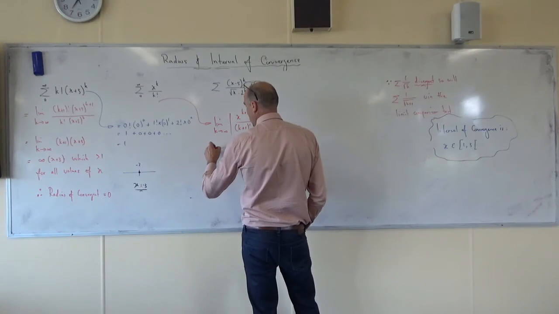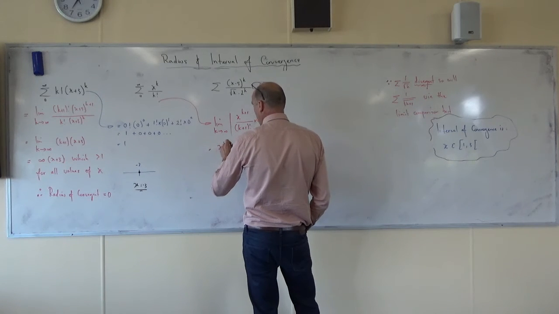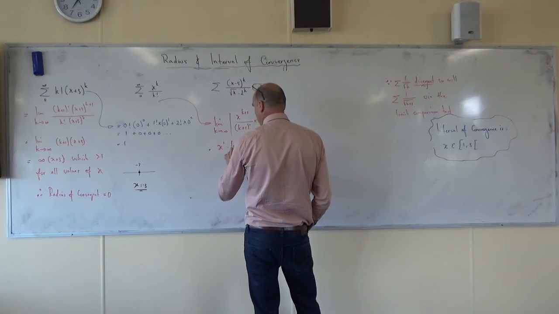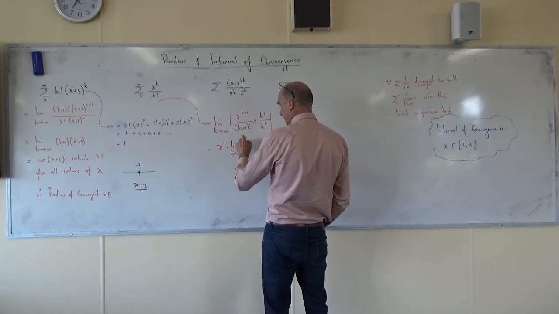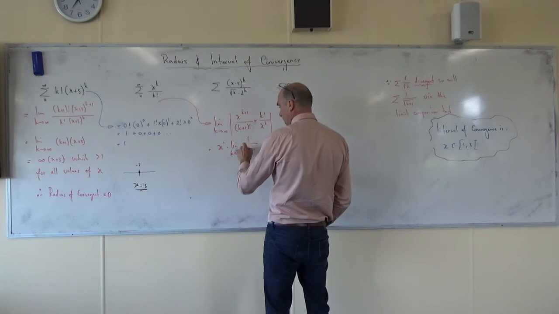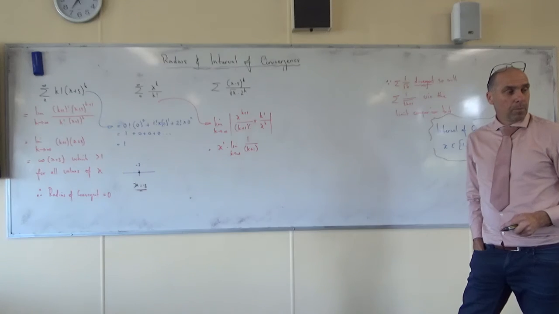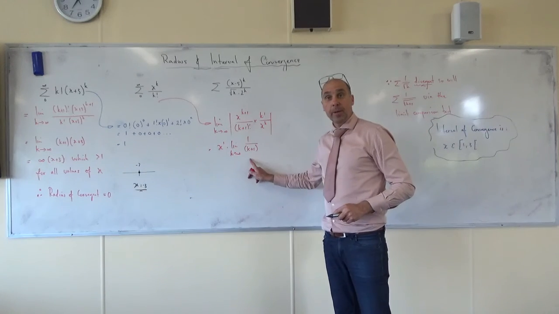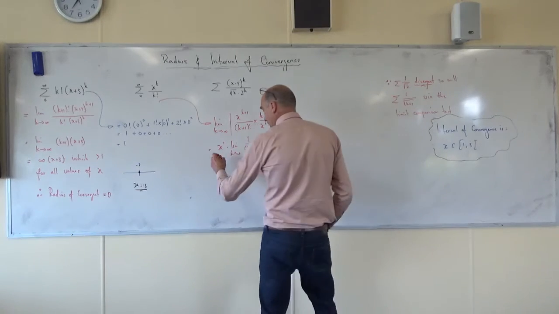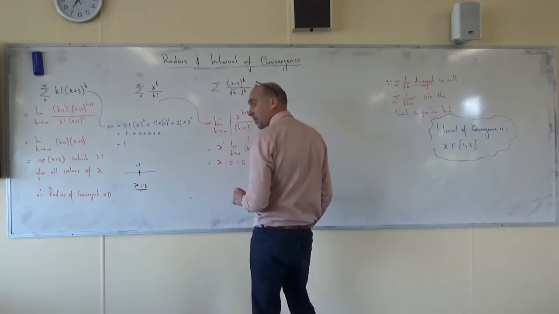That's going to equal x to the power of 1 multiplied by the limit as k approaches infinity of k factorial on (k plus 1) factorial, that'll be 1 divided by k plus 1. What's going to happen? Doesn't matter what x is. This is going to equal 0. So we'll end up with x multiplied by 0 equals 0.